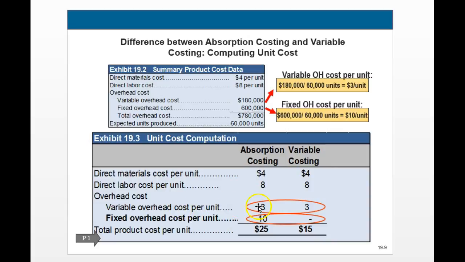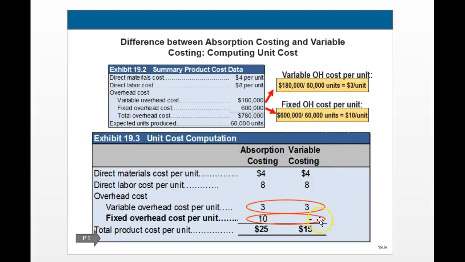The variable overhead here is $180,000 divided by 60,000, $3 a unit, no different. But when you get to the fixed, when we look at that $600,000, we break it down per unit for absorption. So we charge that fixed overhead $10 to each unit made.